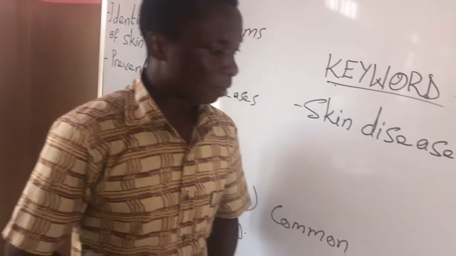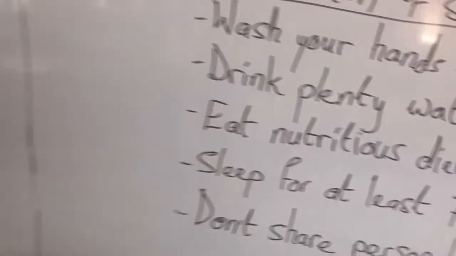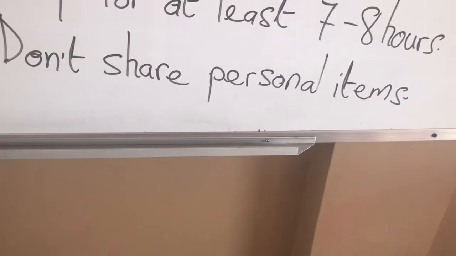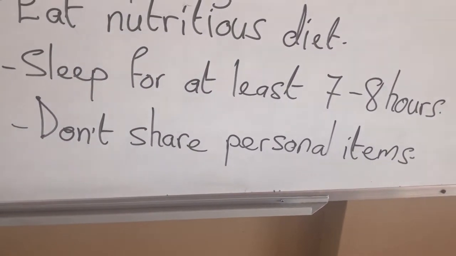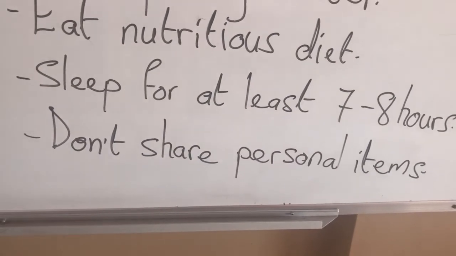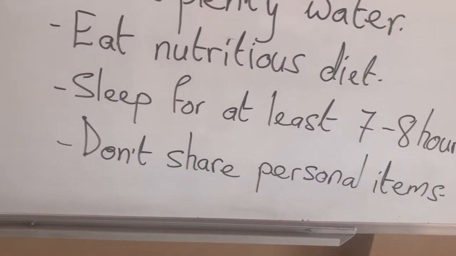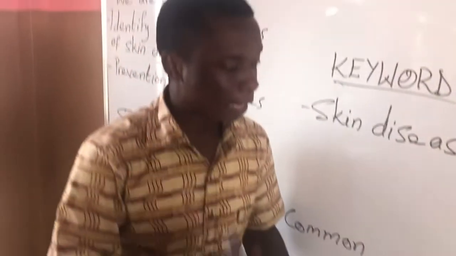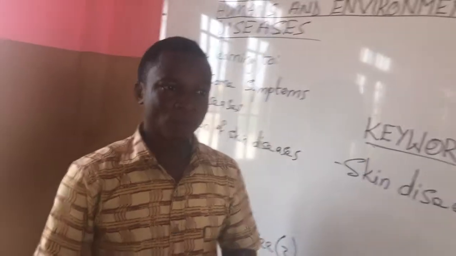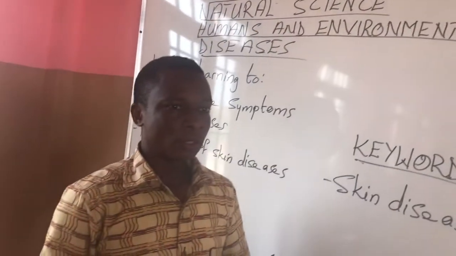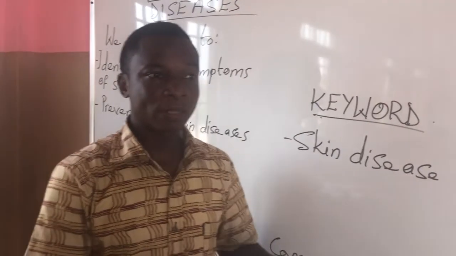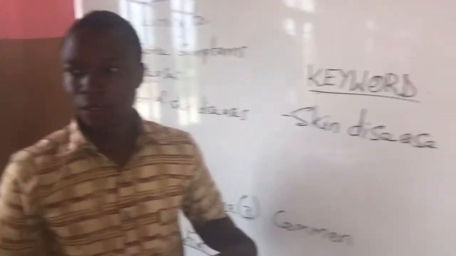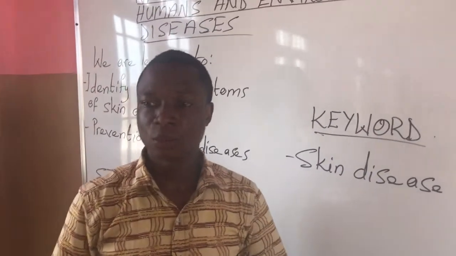The last but not least, don't share your personal items. It's very dangerous, very risky to share your personal items. For instance, you have dresses at home, your friend came to you and wanted to change because the clothes he wore are very dirty.